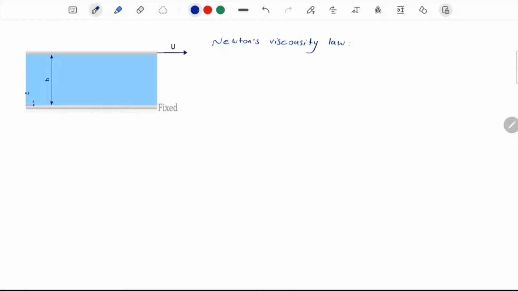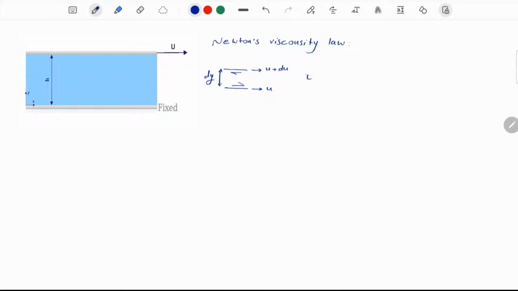This law says that if we have two adjacent layers of fluid in motion and one is moving with velocity of u, and the upper one is moving with velocity of u plus du, and the distance between these two layers is dy, for example, and there is a tau shear stress imposed between these two layers.